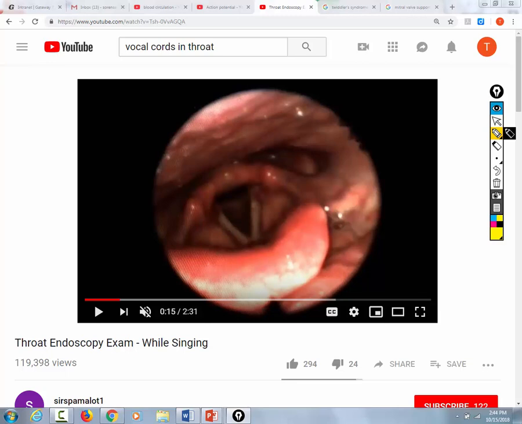All right. So watch. Here are the vocal cords right here. The opening between the vocal cords is called the glottis. Right, the opening between the vocal cords is called the glottis.